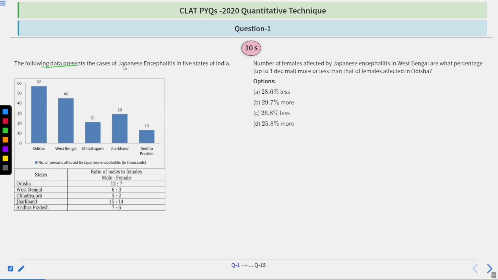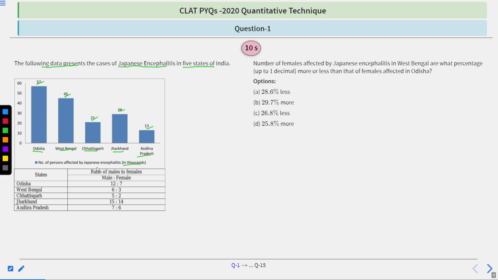The first question says, the following data presents the cases of Japanese encephalitis in 5 different states of India, namely Odisha, West Bengal, Chhattisgarh, Jharkhand, and Andhra Pradesh. The data is in thousands: 57,000, 45,000, 21,000, 29,000, and 13,000 in Andhra Pradesh.